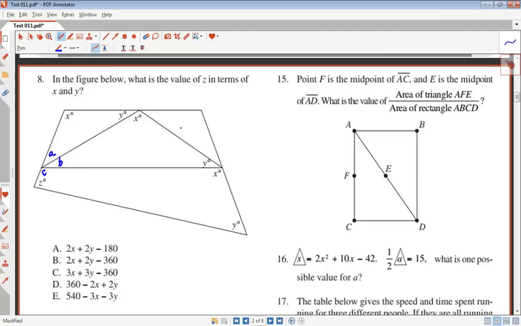This line and this line, they are parallel. So this angle is y.